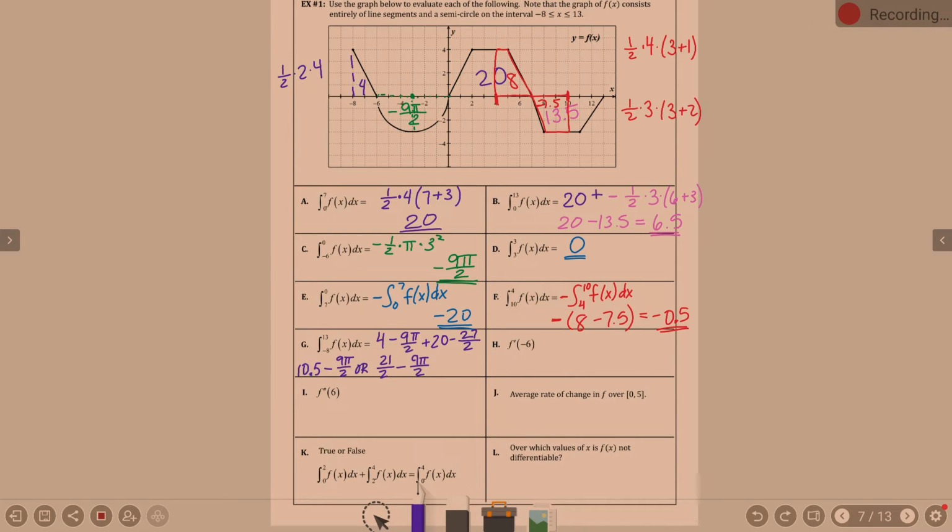Beware, I don't think you'd see this answer on AP Calc because you can put them together. And so I feel like what you'd see after all of this is 21 minus 9 pi all over 2.